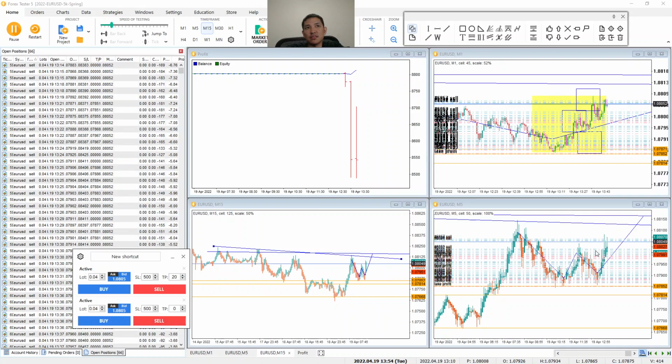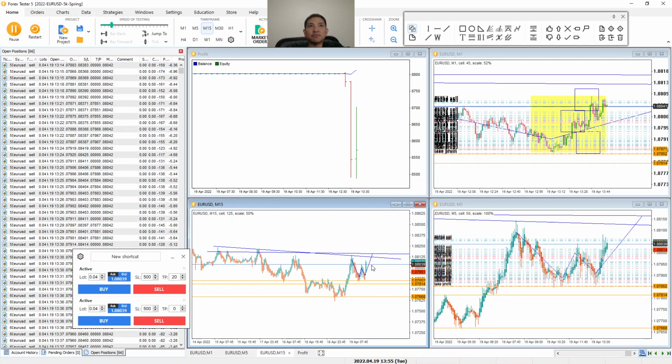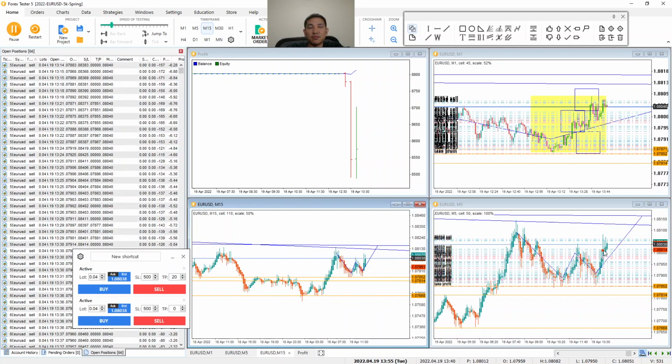And again, nothing has turned on the 5 or the 15. Once it turns on the 5 is where we would be safer.